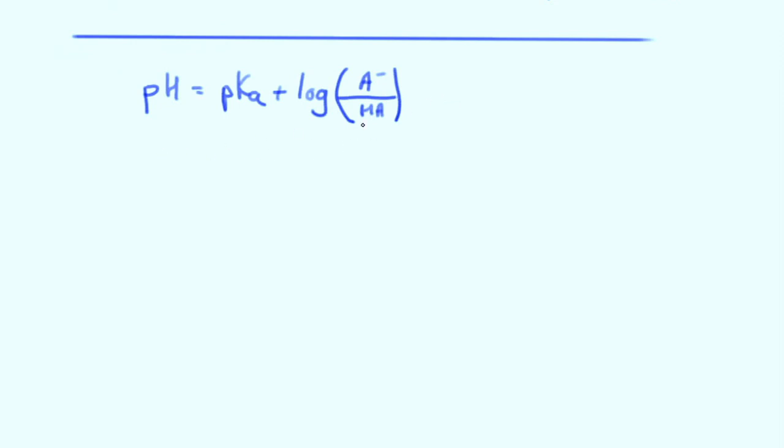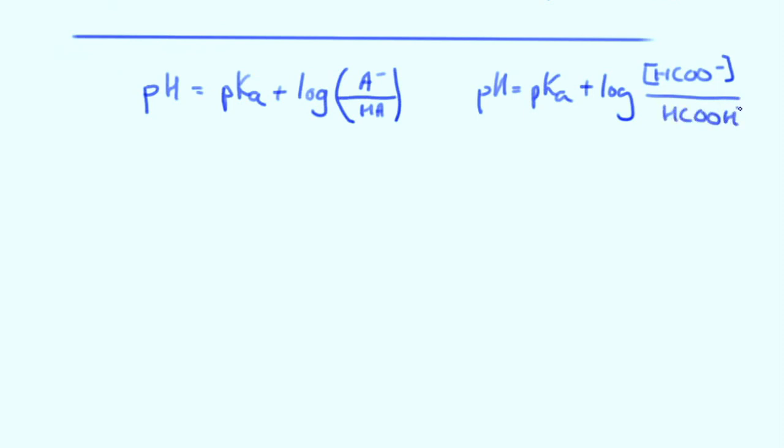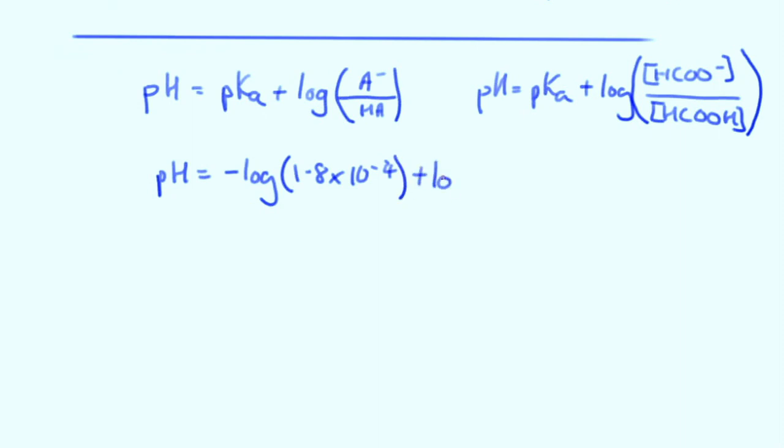So if I rewrite that here, pH equals pKa plus log of the concentration of the methanoate, in our case, over the concentration of the methanoic acid, put that in brackets, and then we fill in the details. pH equals minus log of 1.8 times 10 to the minus 4 plus the log of, and what do we have?